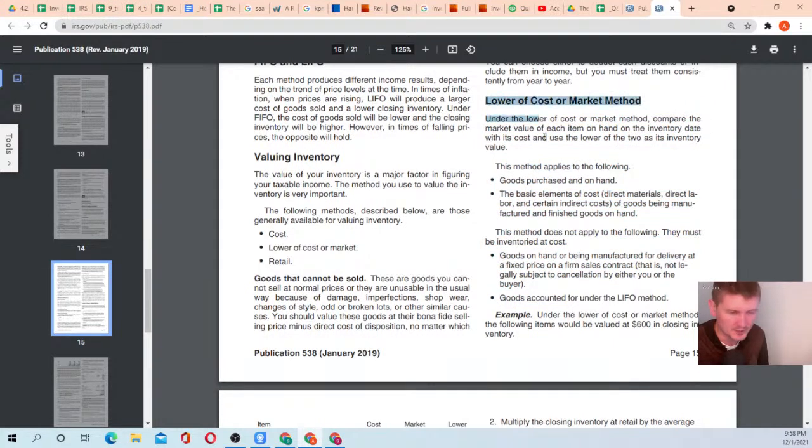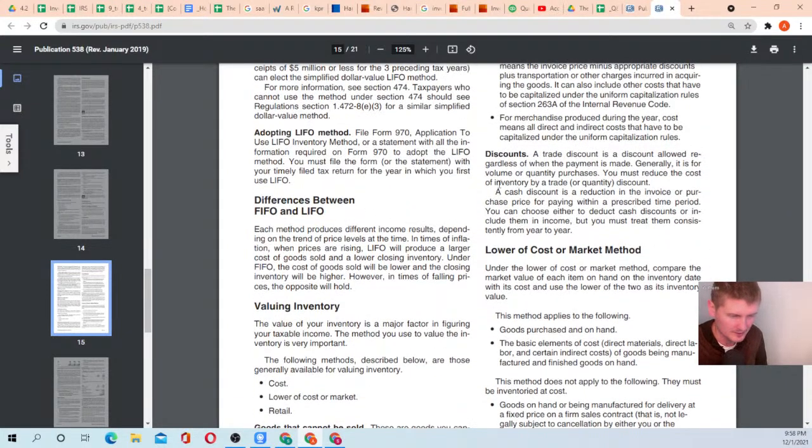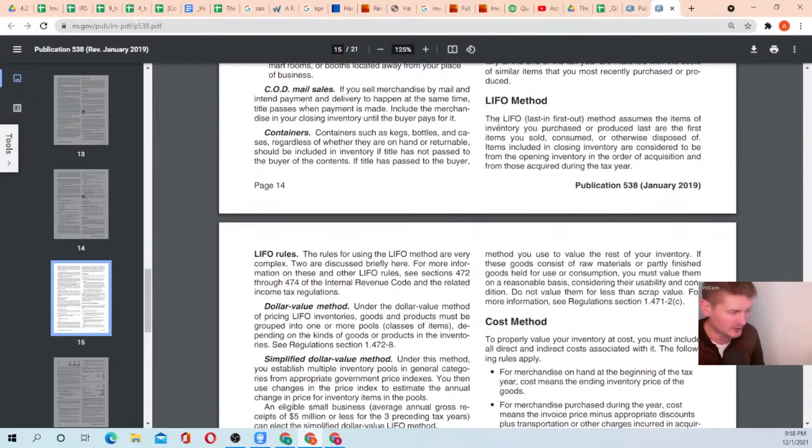But you need to use that method consistently. You cannot use one method in one period and another method in another period. There is additional guidance regarding how you can change inventory valuation methods.